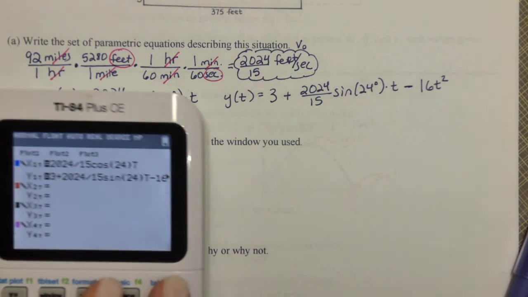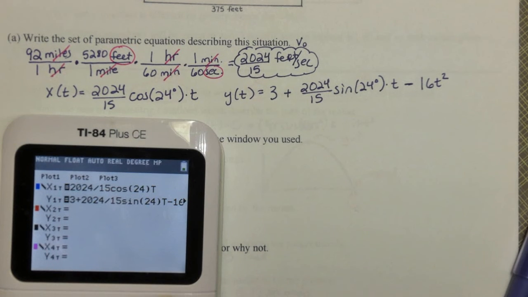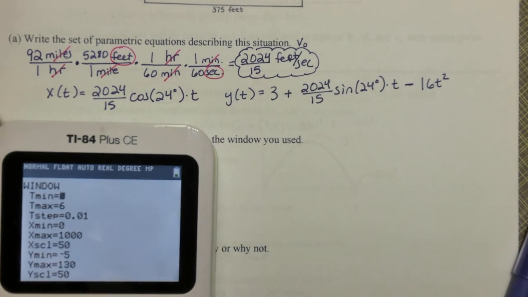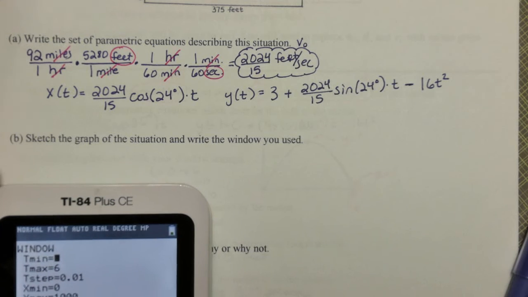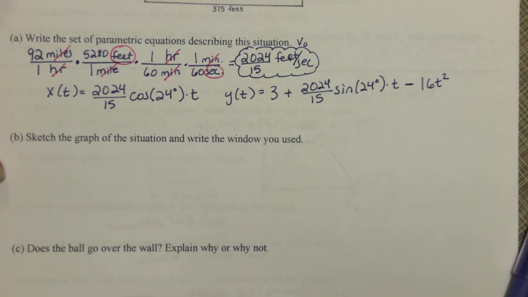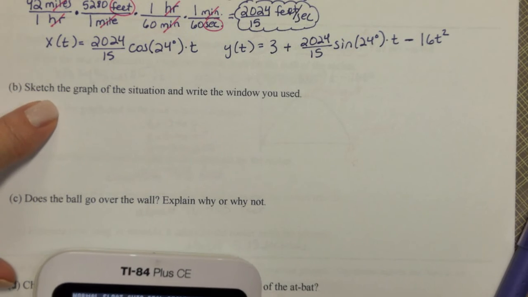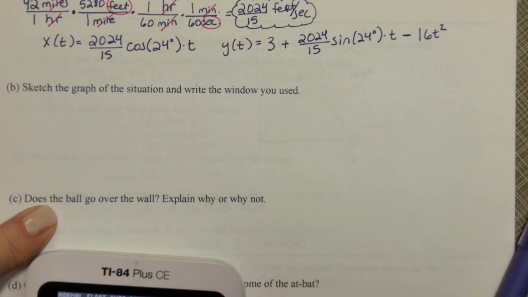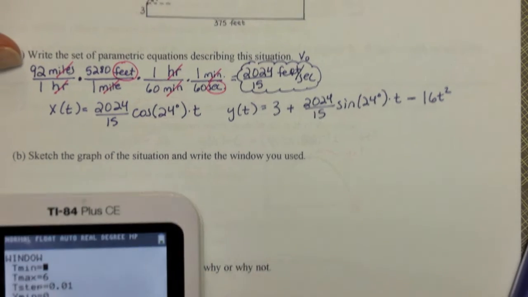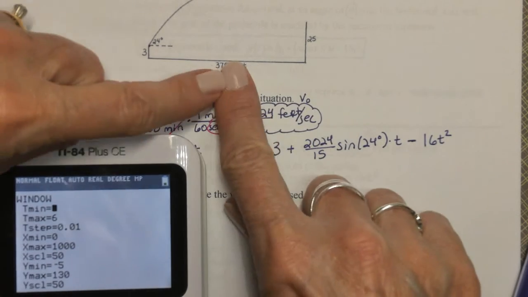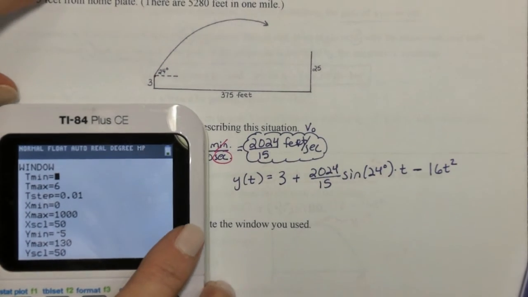Okay, so let's go ahead and see what kind of window we're going to look at. Down here, we're going to sketch the graph. We're being asked, does the ball go over that 25 foot wall? The wall stands 375 feet from home plate.